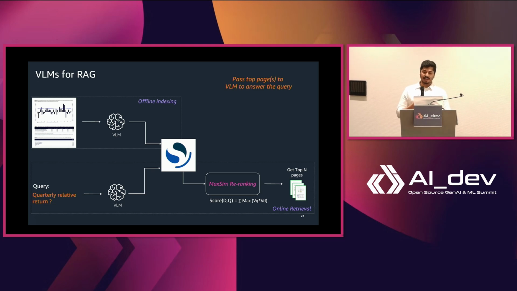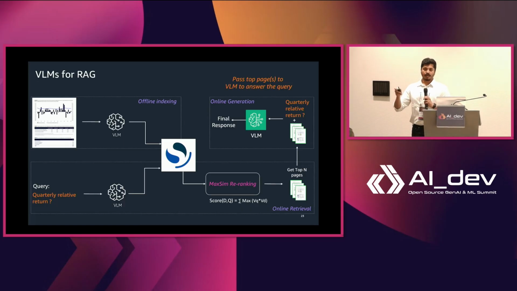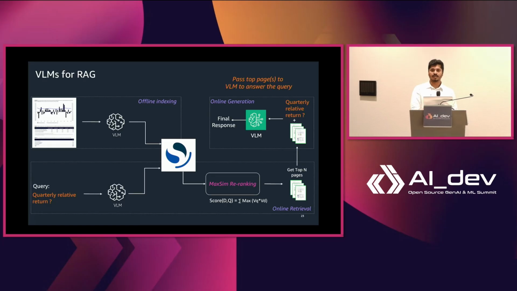To answer that exactly, you take the top n pages obtained from the retrieval and re-ranking, and send them to a vision language model with a prompt something like, this is my question, and these are the top 10 pages that have the answer for this question. Then the vision language model will be able to answer that question. For this, you can use anything like Nova, or ChatGPT, or Claude 3 Sonnet. It's about first finding the top n pages and sending them to a vision language model to get the final answer.